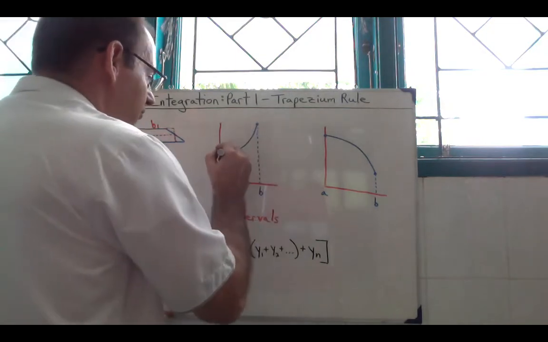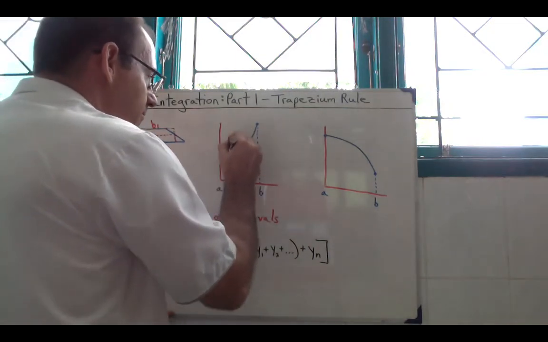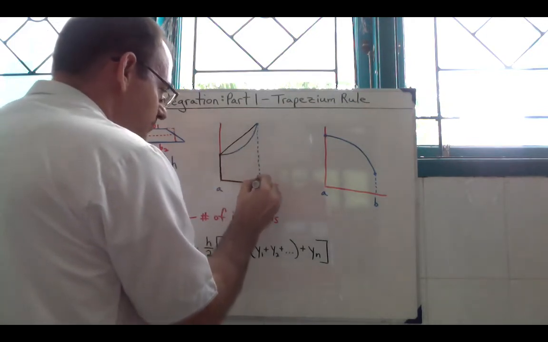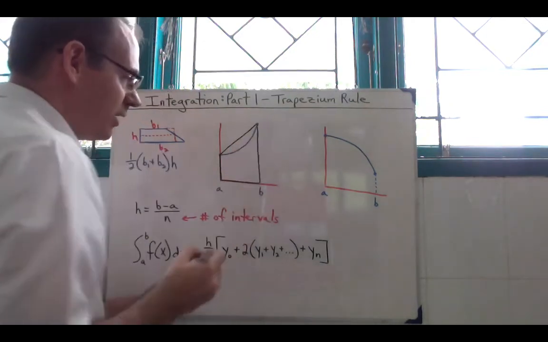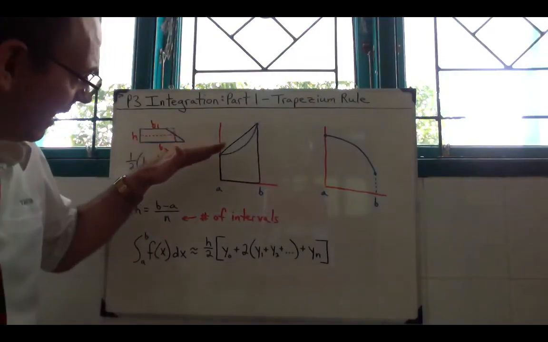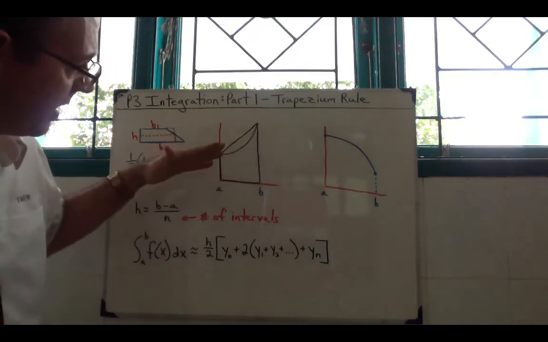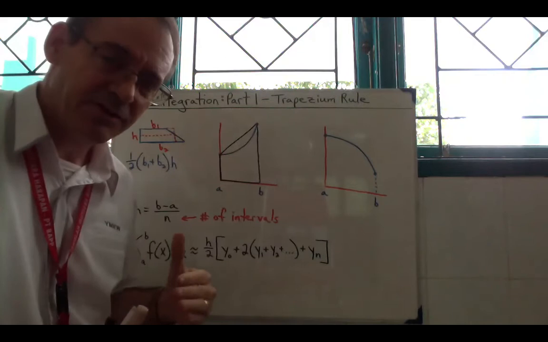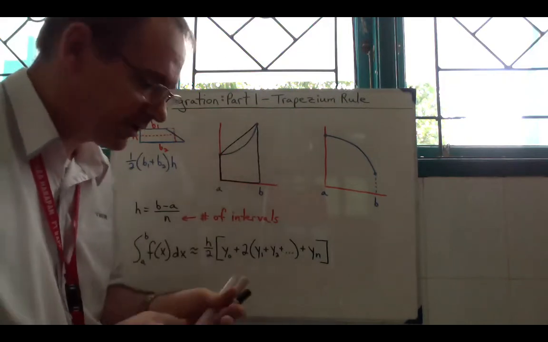Okay, so if we go and we can make one trapezium here. There's one trapezium. So notice with a concave up, notice that our trapezium is a little bit above the graph.